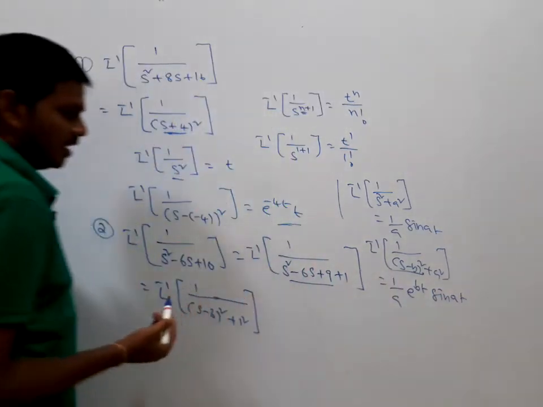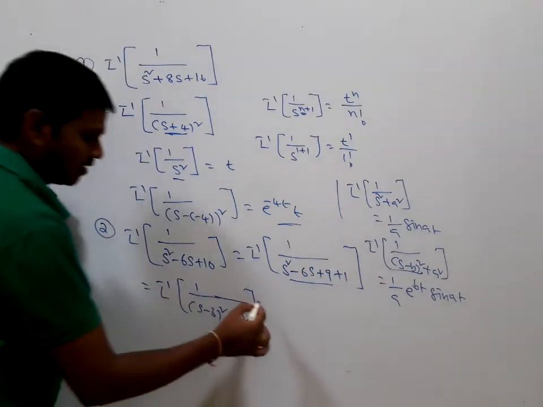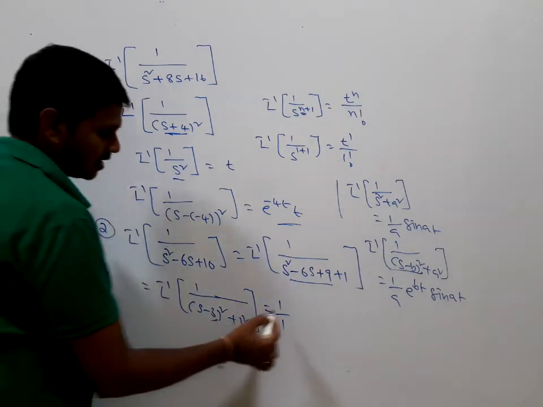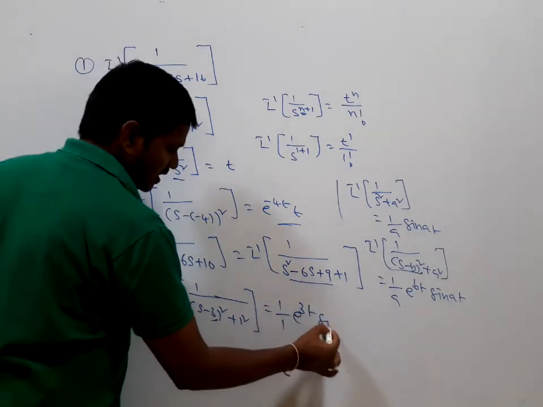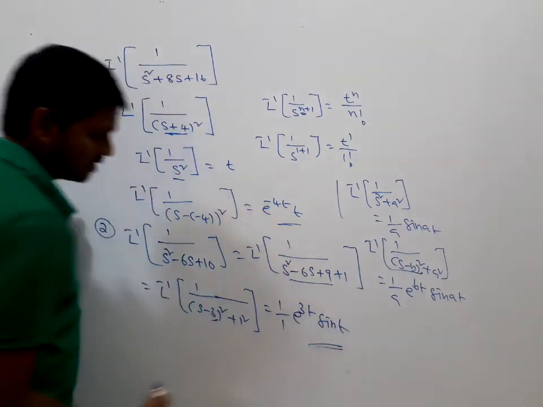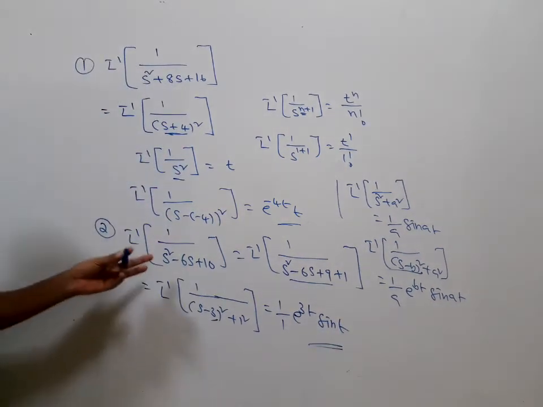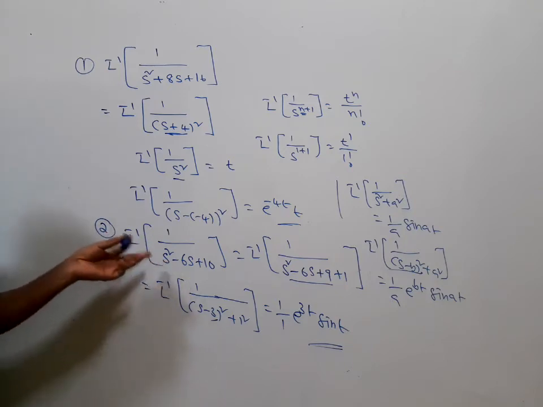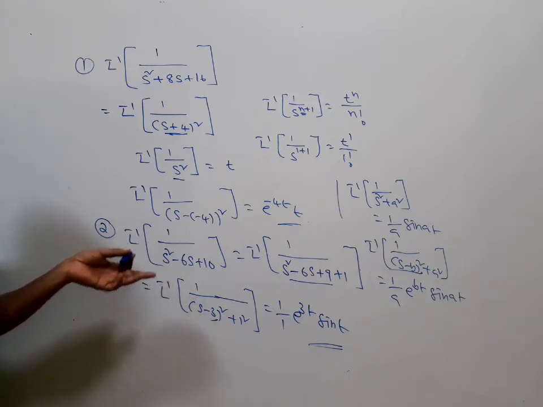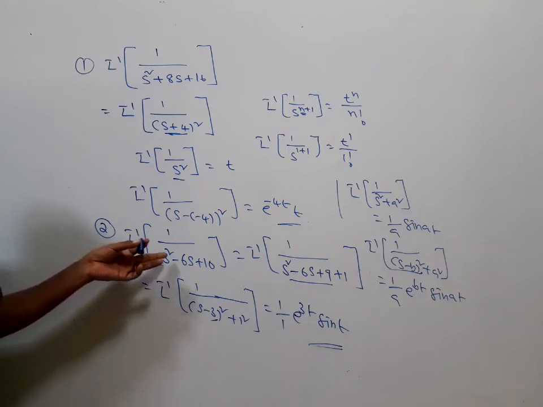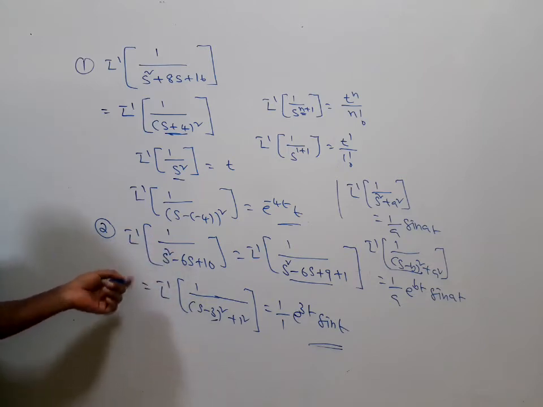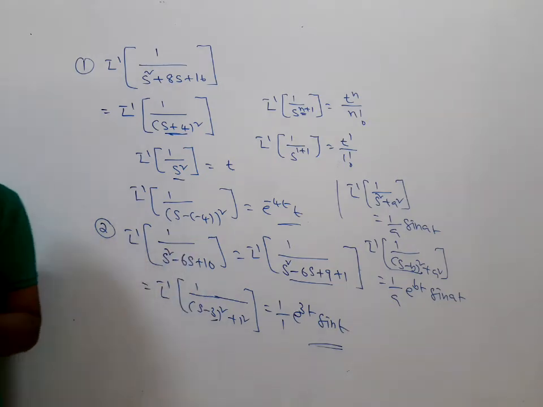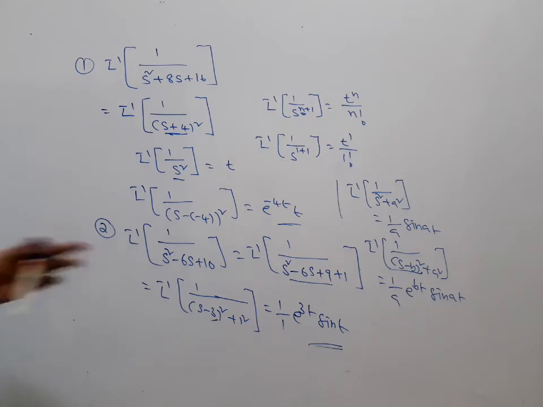S is replaced with s minus b, same, right, which is equal to 1 by 1, e to the power of bt, b is equal to 3, e to the power of 3t sine t. I think this problem is not possible to expand into partial fractions here. S square minus 6s plus 10 factors are not getting directly, so we can write in this form, then we'll get the function of t like this.